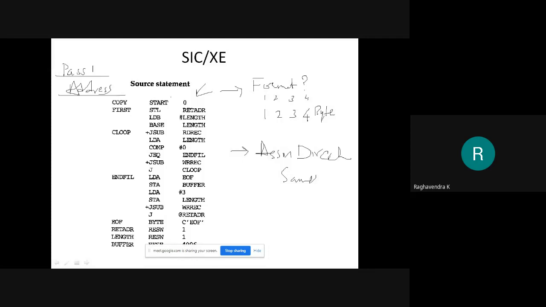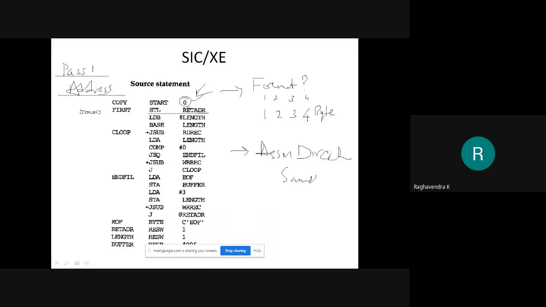Accordingly, we consider this part of the program to assemble. It says that the starting address of the program is 0. I mentioned that this type of program is called a relocatable program. Whenever you have the starting address specified as 0, it's called a relocatable program. So we'll start with address 000000. Next we have to increment the value, so we have to look at the instruction.